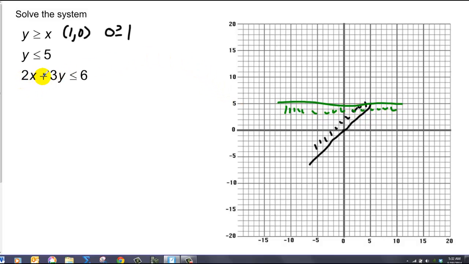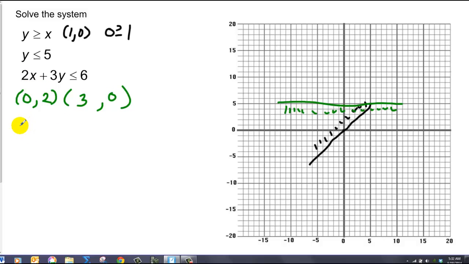And then I have 2x plus 3y is less than or equal to 6. I can get the slope intercept form, or I can use x and y intercepts, and I think I'm going to do that. If x is equal to 0, then y is equal to 2 in this case. And if y is equal to 0, then x is equal to 3.